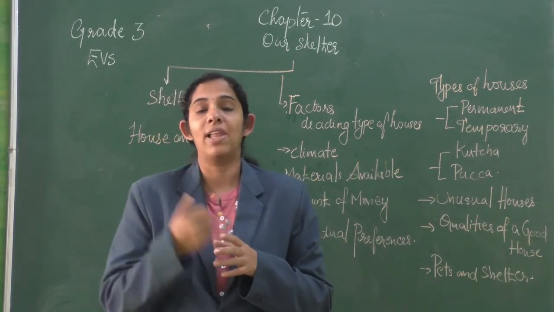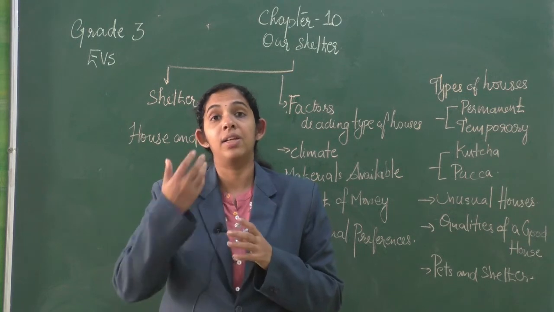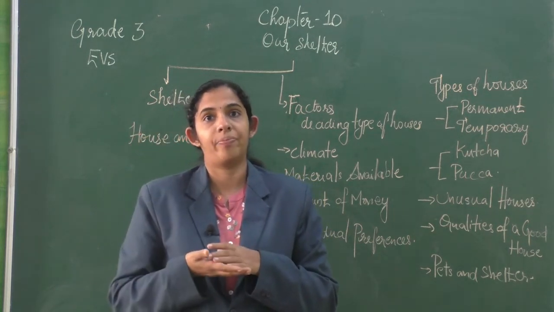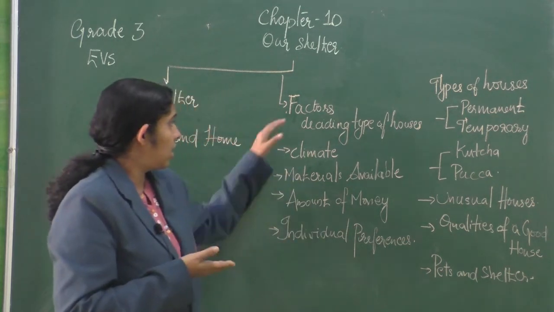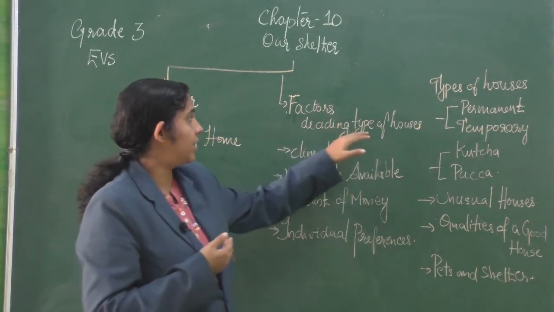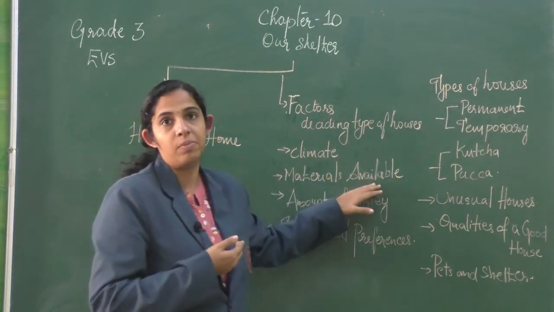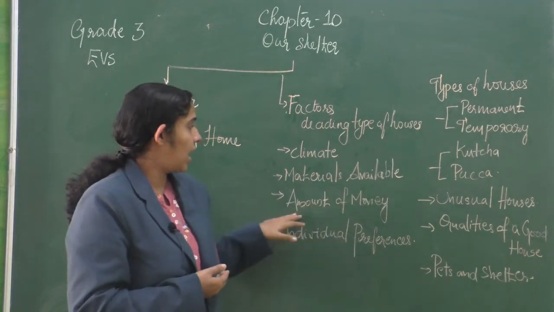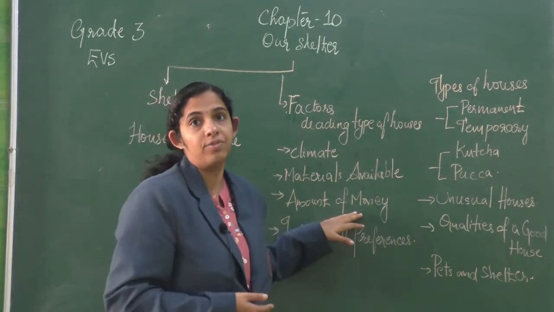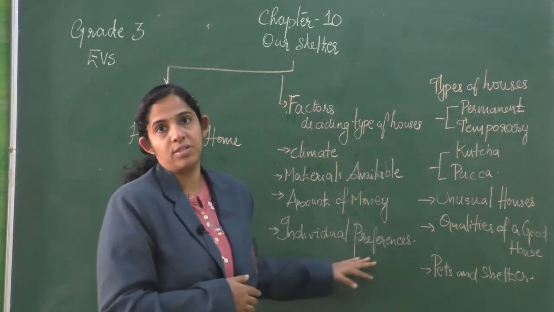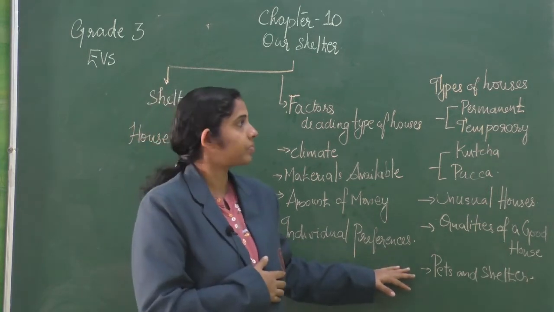And in areas of floods, they build stilt houses, that means slightly elevated houses. Other factors which determine the types of houses are materials available in our surroundings, the amount of money that we can spend on the house, and also individual preferences and individual taste.